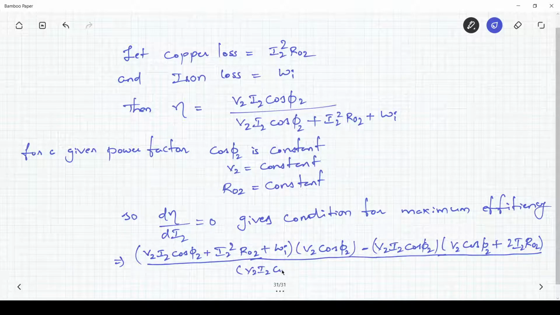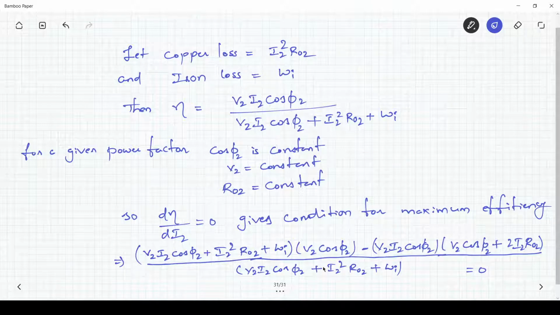The whole expression, V2 I2 cos phi 2 plus I2 square R02 plus Wi, is equal to 0, and then you will get the condition for maximum efficiency. This whole thing is equated to 0.